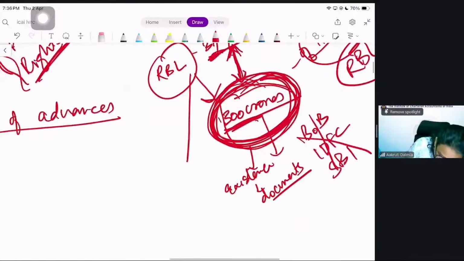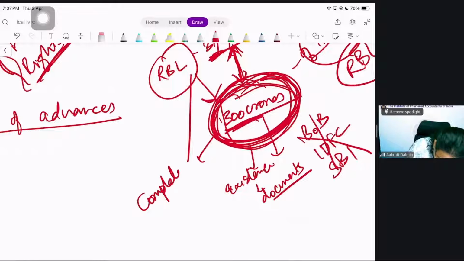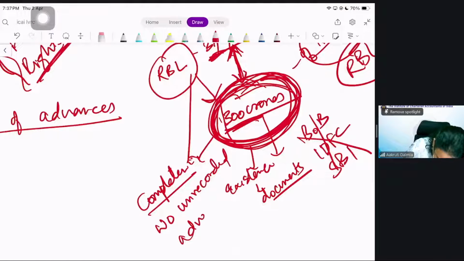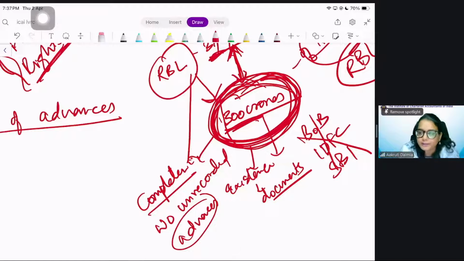Then 300 crore is complete, which means there is no unrecorded advance. What is the next thing that should come to my mind? This 300 crores is full. It is not 301 crores or 299 crores. It is 300 crores only. So there are no unrecorded advances.